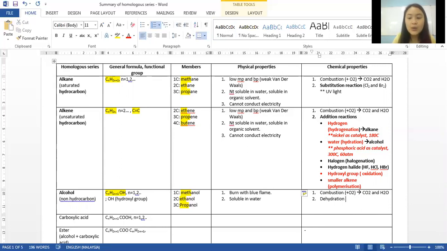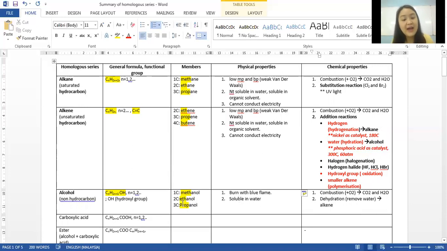The word dehydration suggests that we remove H2O, water, from them. So yes, you can remove H2O from alcohol. When you perform dehydration on alcohol, you will actually turn it back into the alkene group. For example, if I have propanol, and I perform dehydration, which means to say I remove water from propanol, that will turn propanol back into propene.